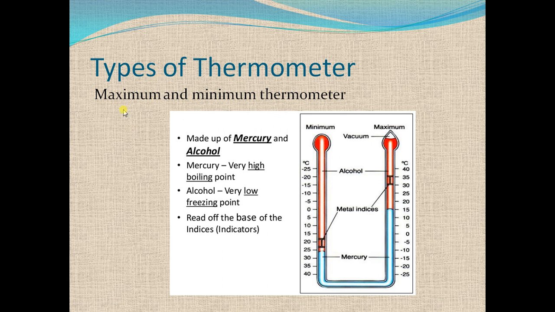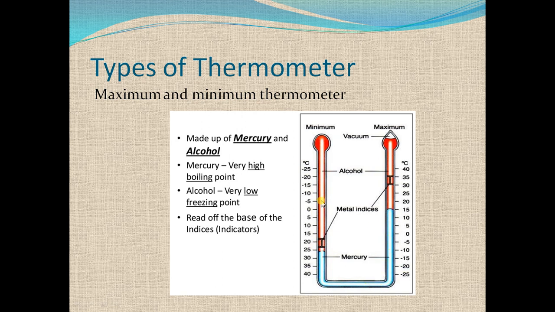Another kind of thermometer is the maximum and minimum thermometer. This thermometer is used to record the maximum and minimum temperature of a place for 24 hours. It has two bulbs. You can see here, this is one and this is another, and in the center there is a U shape. The alcohol on both limbs is filled, and on one limb there is a space, a vacuum, and in this area mercury is filled.